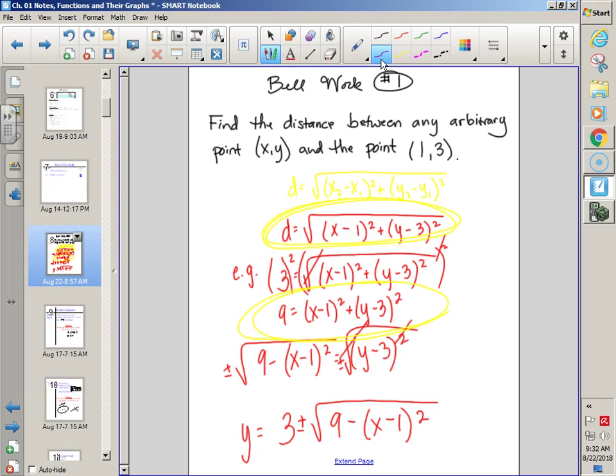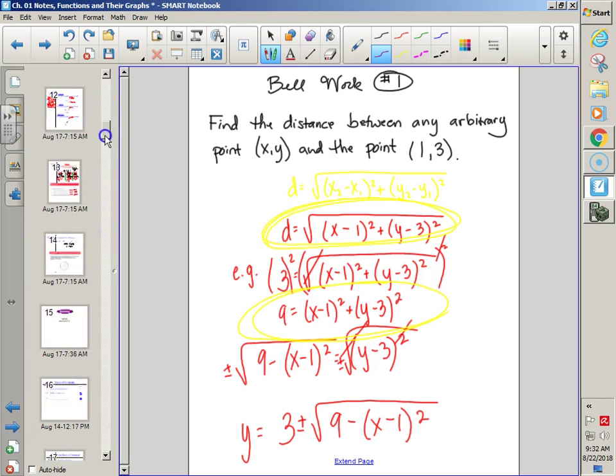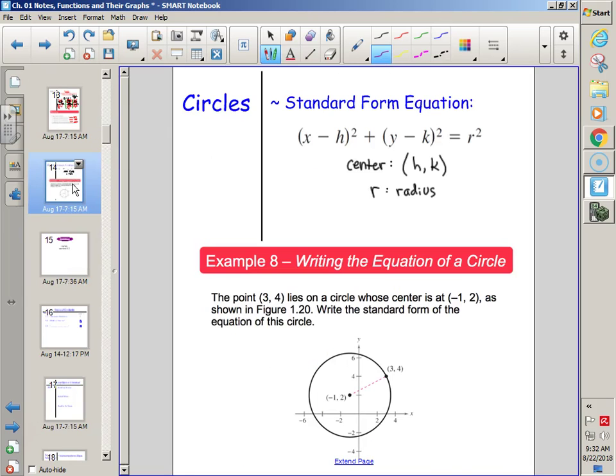But here's something crazy. I actually want you guys to add this to your notes, just because it's really helpful for calculus and your honors, so maybe you're going there at some point in time. I want you to write another alternate form of a circle. Yes, there's the (x minus h) squared plus (y minus k) squared equals r squared.